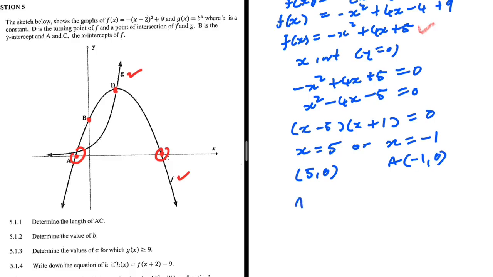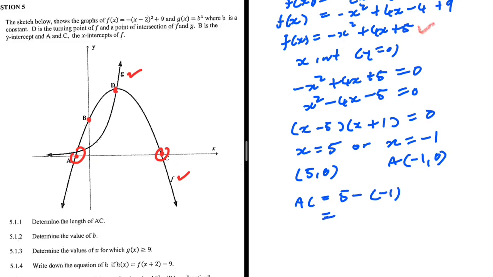So AC will be equal to, we don't necessarily need to use the distance formula here because at A, y is equal to 0, and at C, y is equal to 0. So we can just say that AC is equal to 5 minus 1.